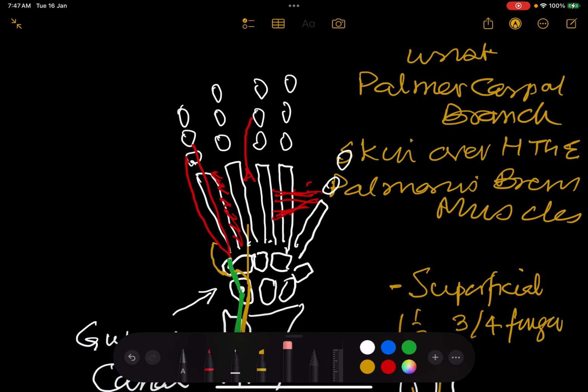And you have this flexor digitorum profundus tendon, and this flexor digitorum profundus tendon is giving a lumbrical muscle.